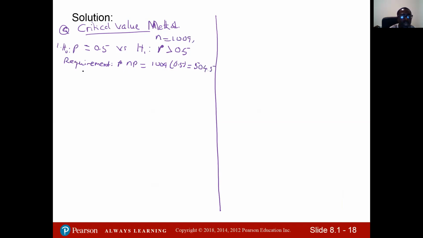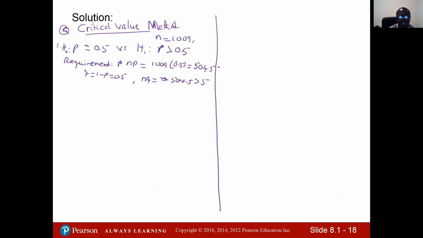And q is 1 minus p, which is also 0.5, so n times q is also 504.5.